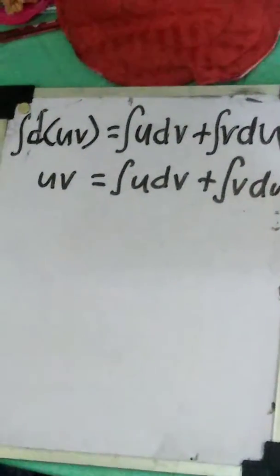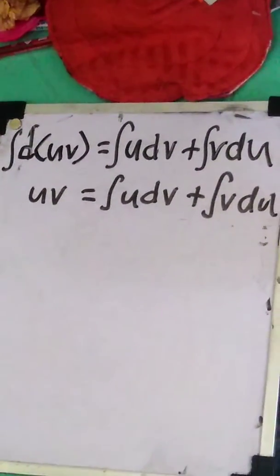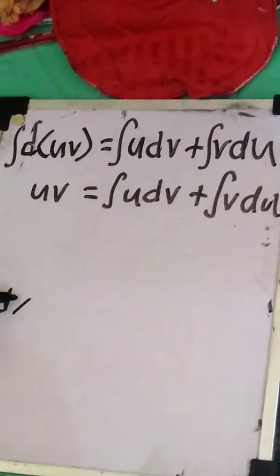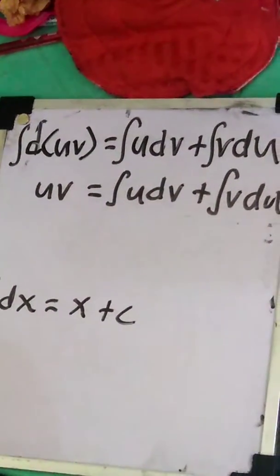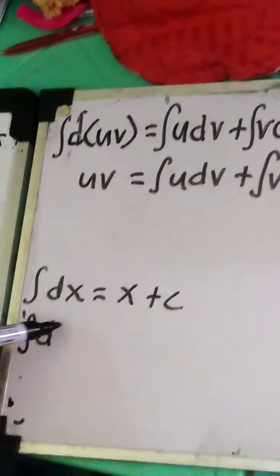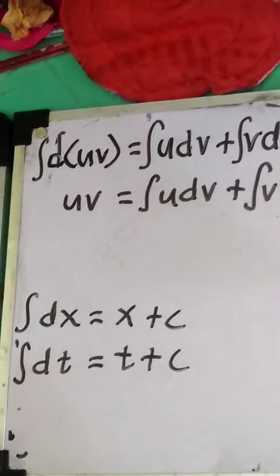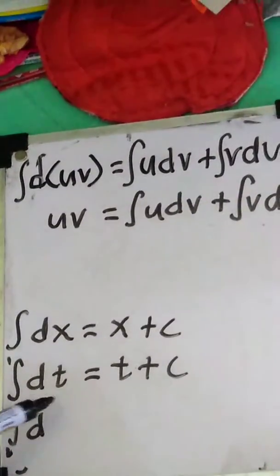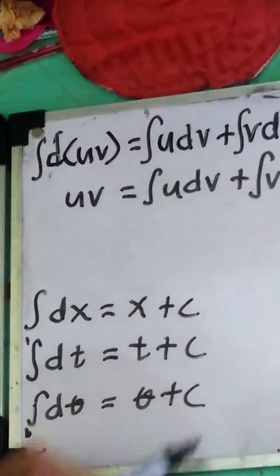Now, how did we get integral of d(uv) equals uv? Recall that the integral of dx is equal to x plus c, or the integral of dt equals t plus c. Another one is integral of d theta equals theta plus c.